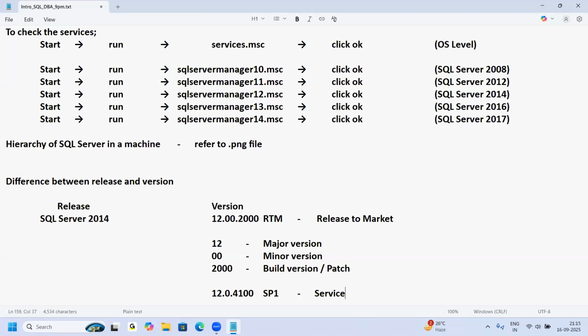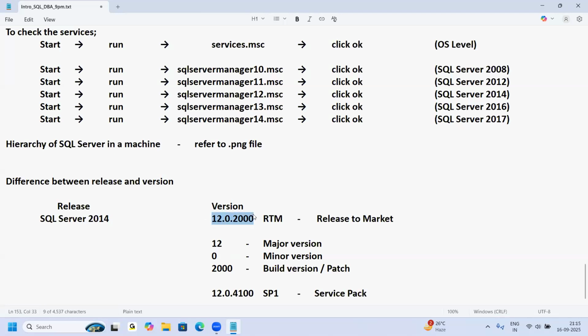That is called Service Pack. What does it mean? It means from the day of this release, from this version 12.00.2000.